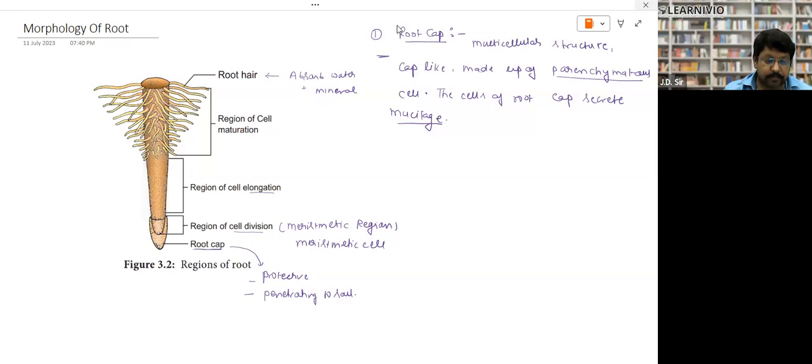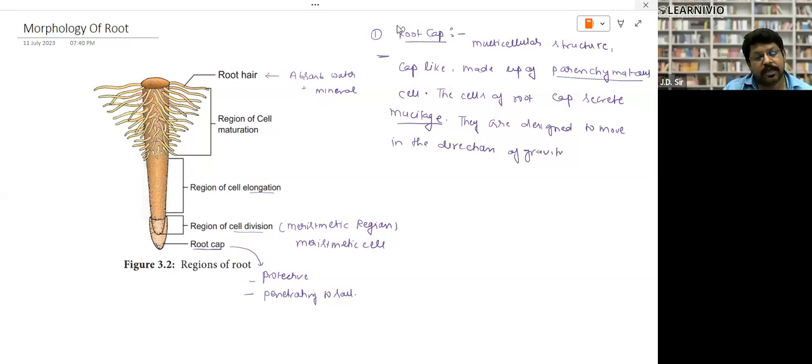Next point. They are designed to move in the direction of gravity.